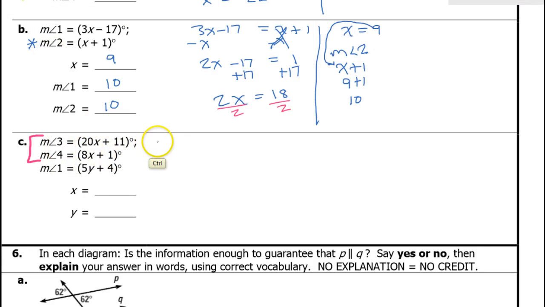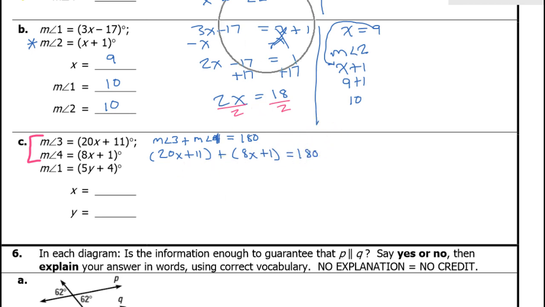Okay, 3 and 4. So the measure of angle 3 plus the measure of angle 4, oh man, that's supposed to be a 4, equals 180. So that's why I'm going to have 20x plus 11 plus 8x plus 1 is equal to 180.